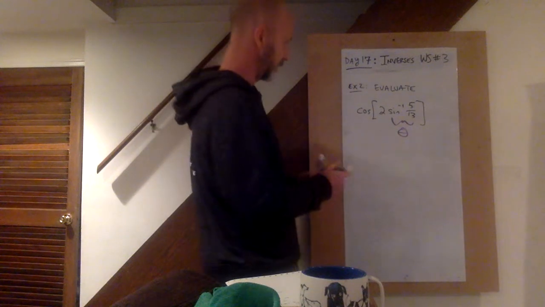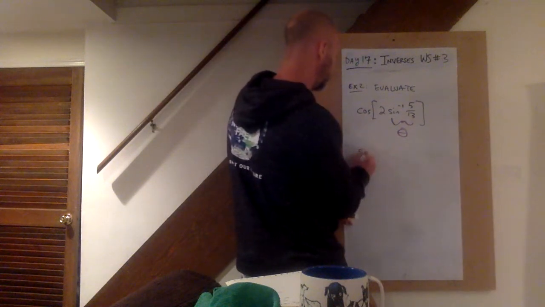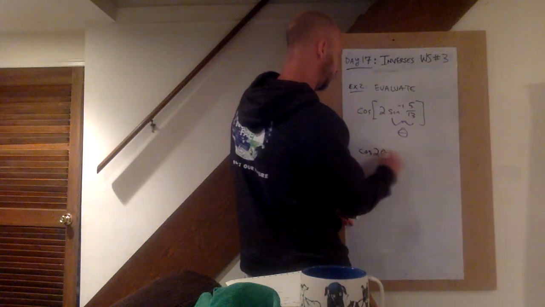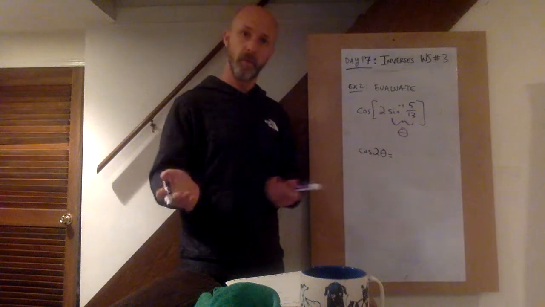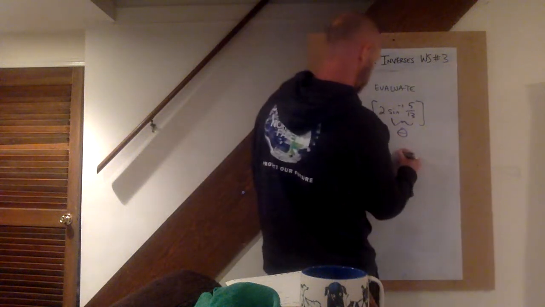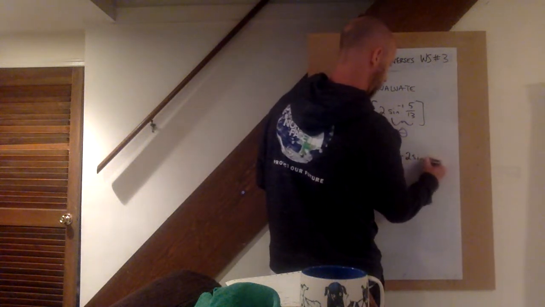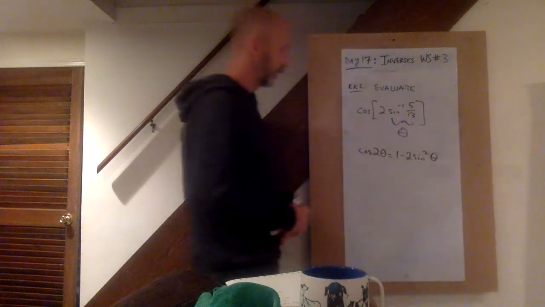Cosine 2 theta is cosine squared minus sine squared, or 1 minus 2 sine squared. You get to choose, right?